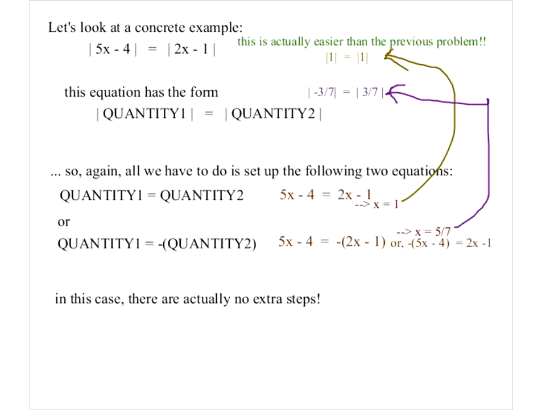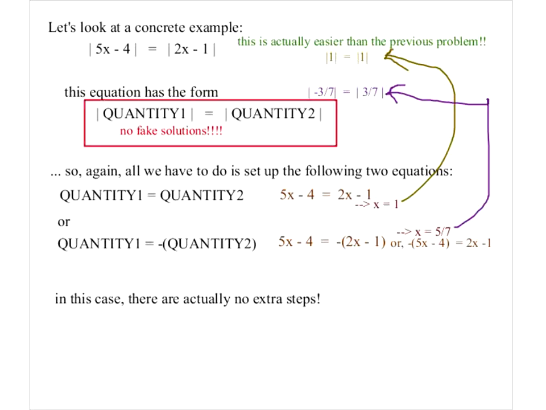These are both going to work. If you have this form, you're not going to have any fake solutions at all. This is very nice. We like this. No fake solutions for this form.